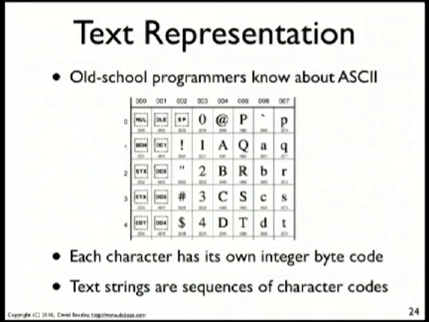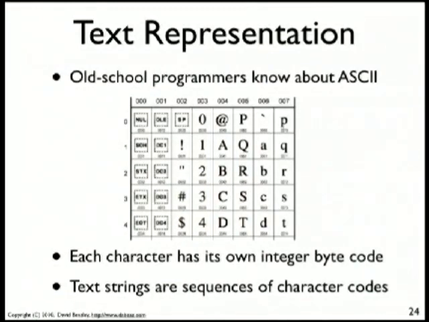So first thing to know is that most old school programmers do know about ASCII. If you're really geeky like me, I almost had the whole ASCII code chart memorized at one point, where it's like, oh yeah, 4F, that's probably like M or something like that. So from ASCII you know that every character has its own integer code associated with it, and strings are just sequences of these character codes.